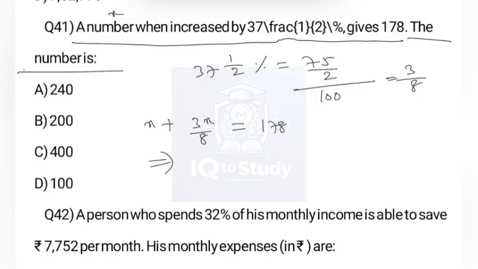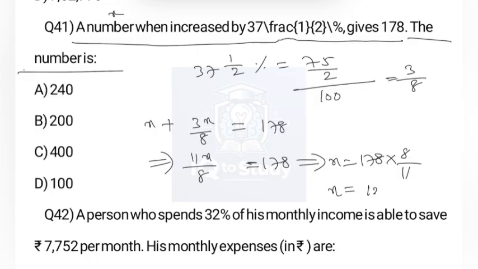It means 11x/8 is equal to 178 and x is equal to 178 into 8/11. So x is equal to 129.45. So it's approximately 129.